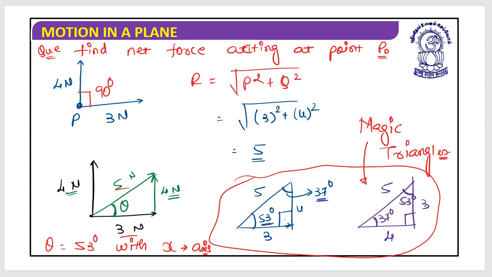I hope this is clear to you. Is it? Yes. So can this be done by you? Are you sure? Can it be done? Great. So let's move to some more numericals.